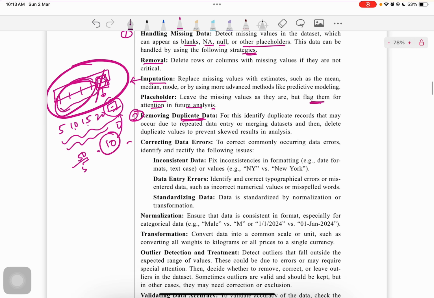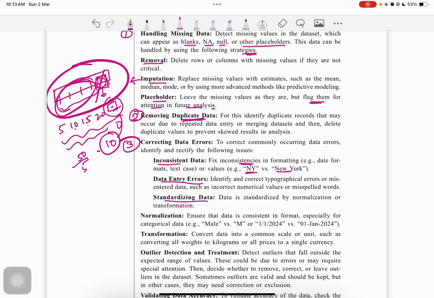Third is correcting the data errors. What errors can there be? It can be inconsistent data, data entry errors, or standardization of data. Inconsistent data means the format of data is wrong, inconsistencies are there. For example, someone is using a short form for New York, it is inconsistent data.